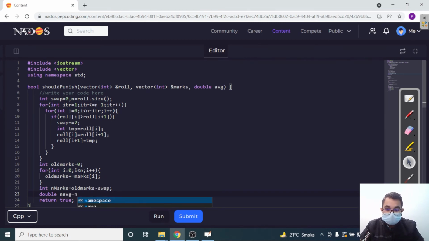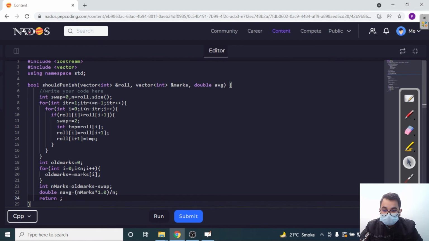New marks divided by, let's multiply it by 1.0 first, and divided by number of students. We now have the new average, and we need to check if this new average is greater than or equal to the average.